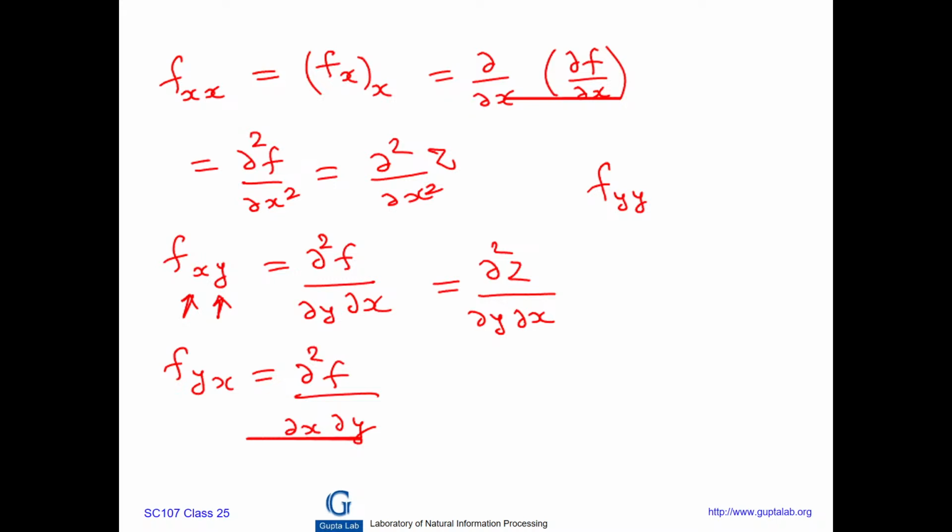One popular question that comes: give an example of a function for which f xy is not equal to f yx. A tea time problem I gave you earlier. Give an example of a function for which the order of differentiation matters. Actually they are not the same, so you have to give an example. When they are equal, there is a condition. I hope you remember when they are equal. Any idea?